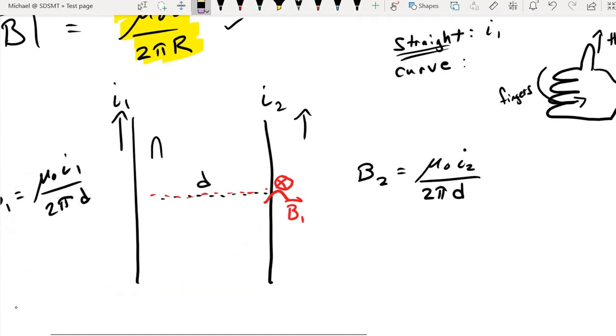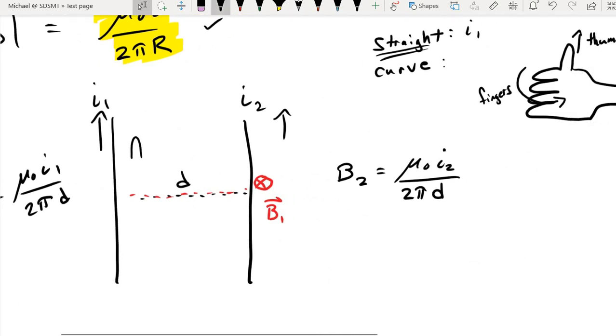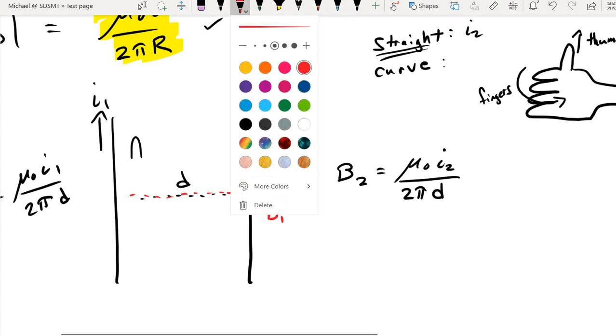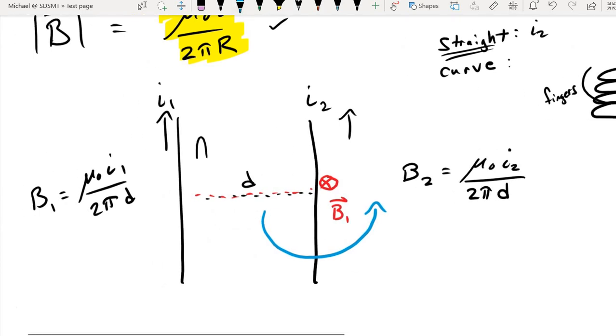Okay, so I'm going to get rid of all that other stuff and I'll just keep the field orientation there. But then we need to switch over to wire 2 with current 2, which is also pointing in a straight line, which means that field 2 is also going to be curving around the wire, but I need to know how that field interacts when it hits wire 1.